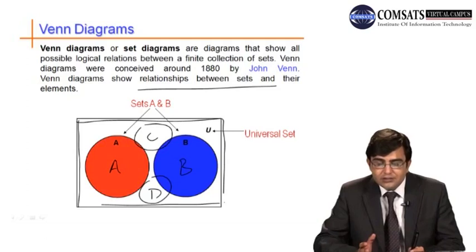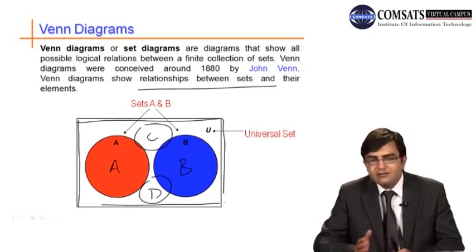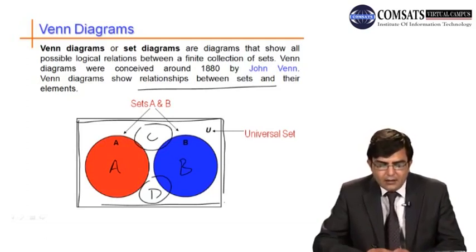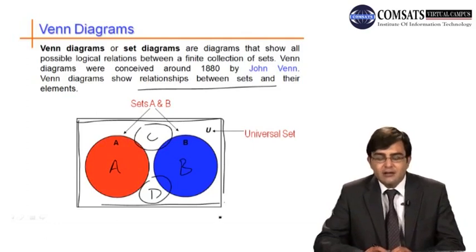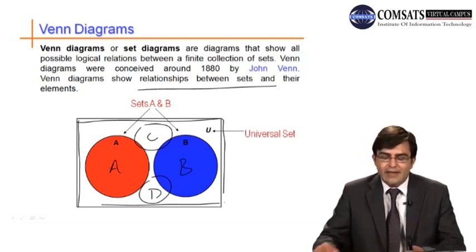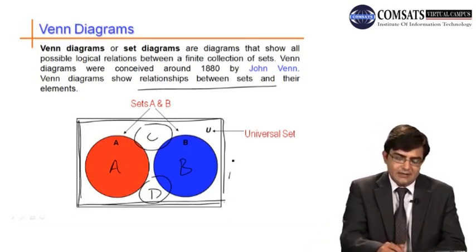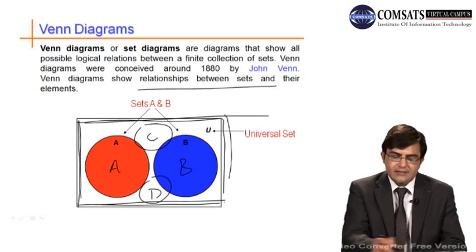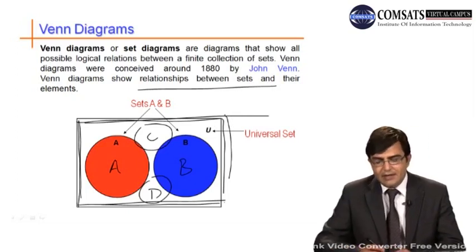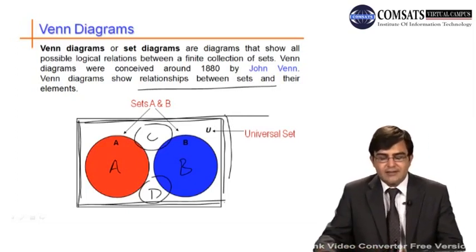If we have two sets, three sets, four sets, five sets, no matter how many sets we have, we construct bigger Venn diagrams to show the relationship between sets or their elements. The main thing, I repeat, is that this square, which contains all the sets, is at the back, and it is the universal set.